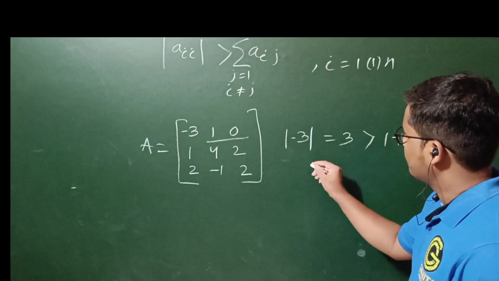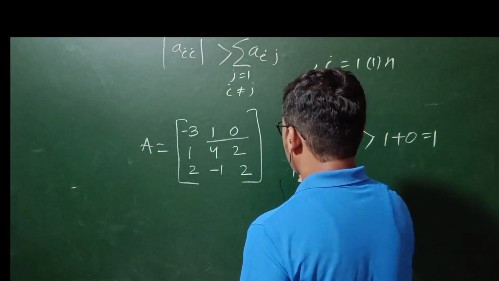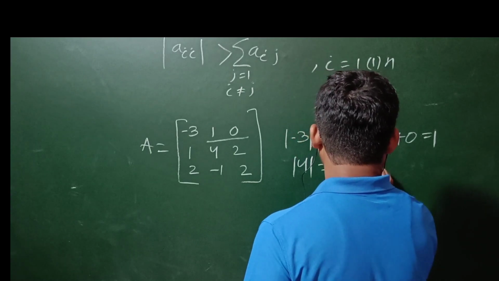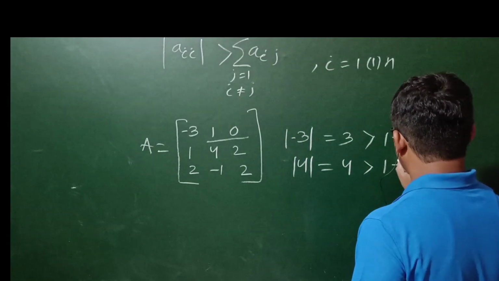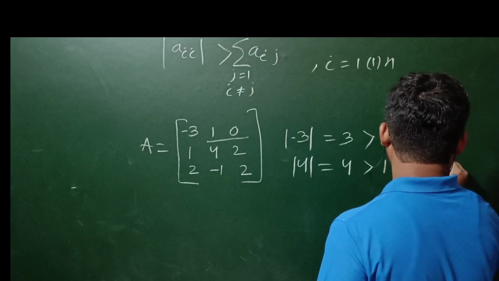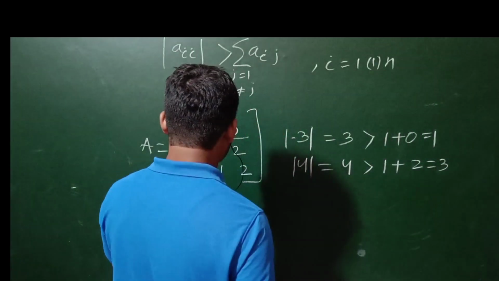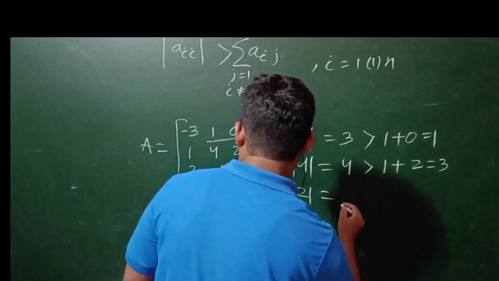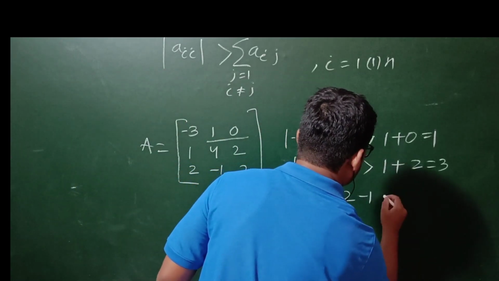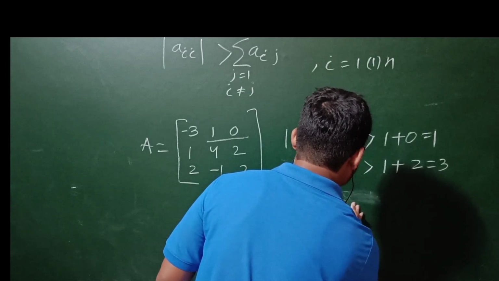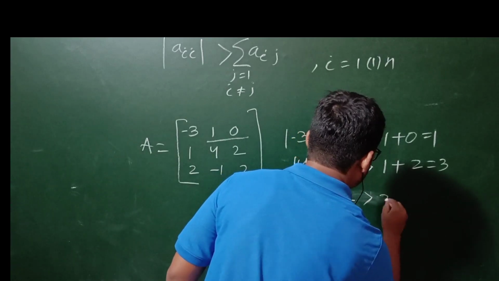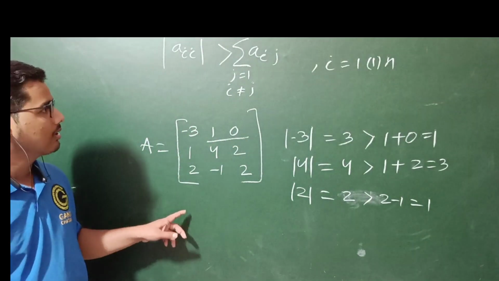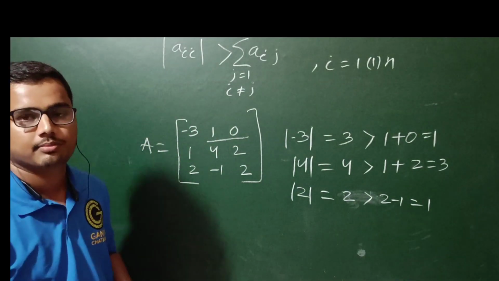In the second row, the absolute value of the diagonal element is 4, which is greater than the summation of the other non-diagonal elements. In the third row, so this is a diagonal.